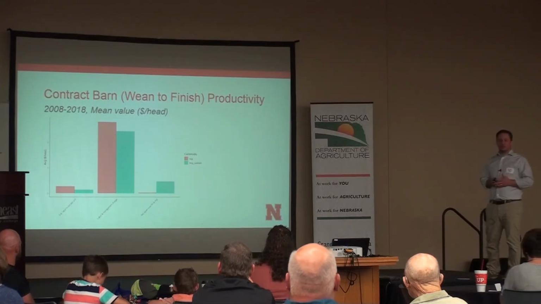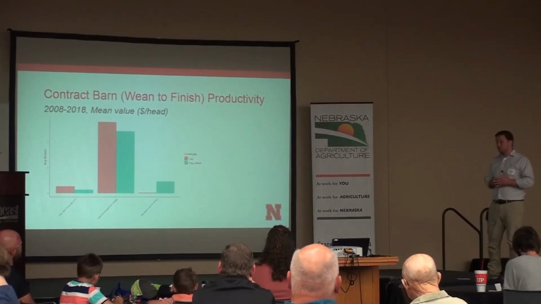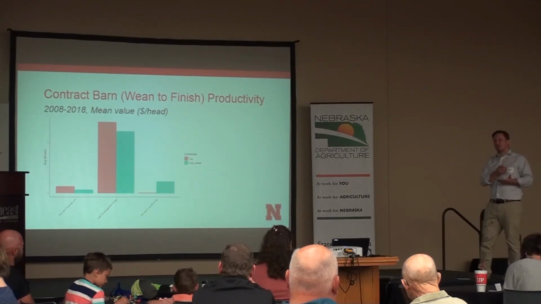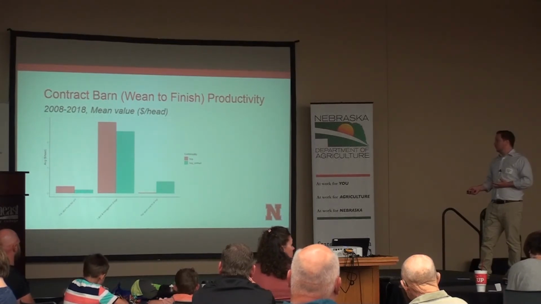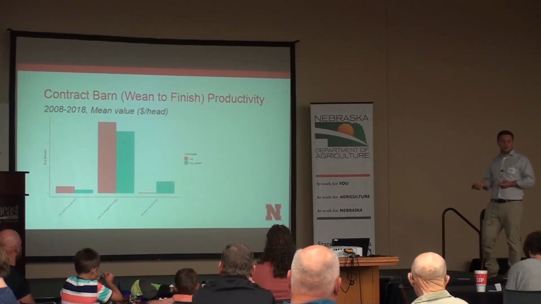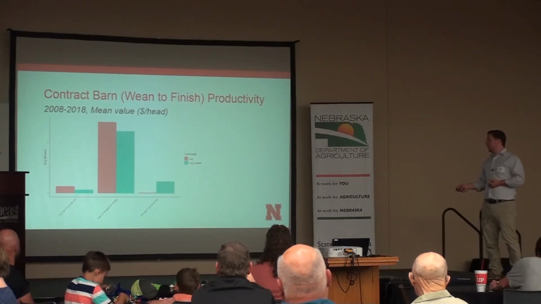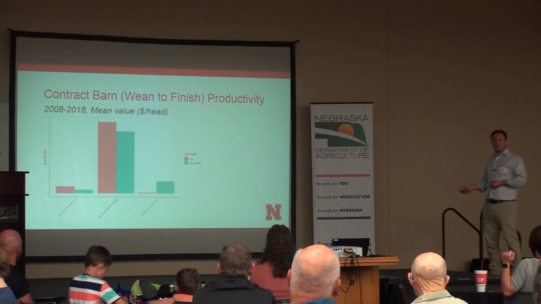So specifically we're going to look at what this looks like for someone who says, I want to be a contract barn, so the contractee, and I want to operate from a wean to finish perspective. So this is if you were to be an independent producer, this is that red bar. And if you were a hog contract barn, it is this green bar right here.